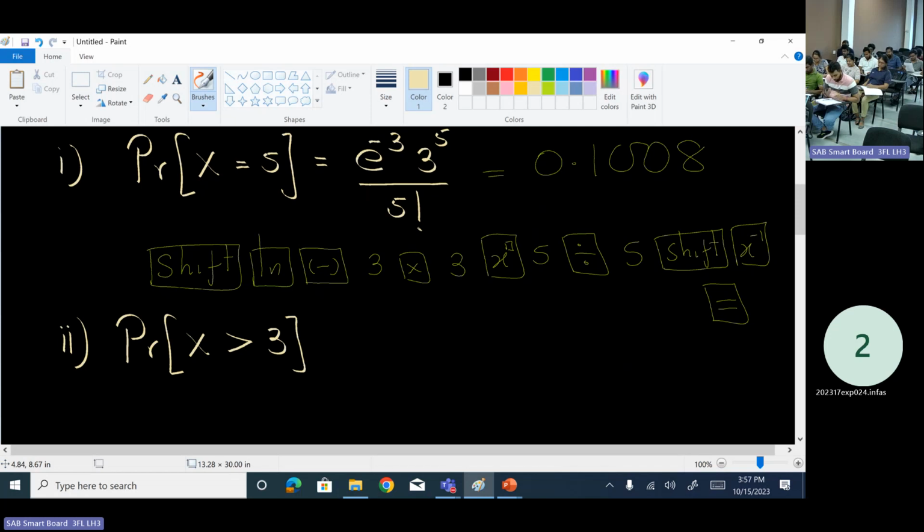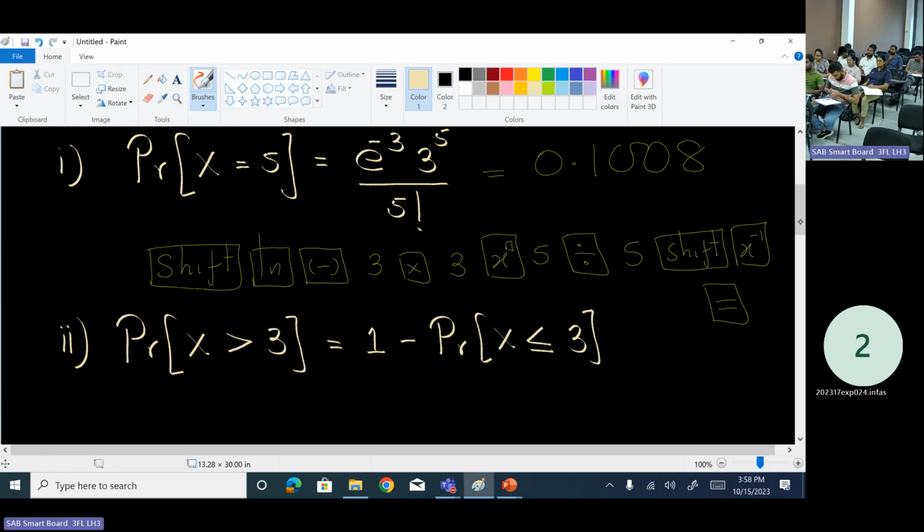Right. So now, when you have more than or more than equal in Poisson, you can't directly calculate because it will go up to infinity. So always we go for the reverse. So we'll write the reverse of this: 1 minus probability x less than or equal to 3. Original one doesn't have the equal sign, so the reverse will have the equals.